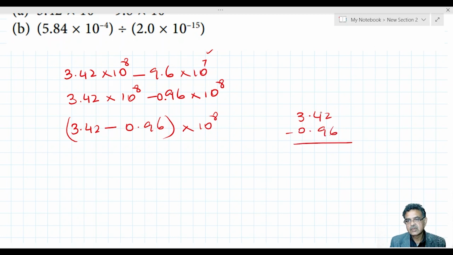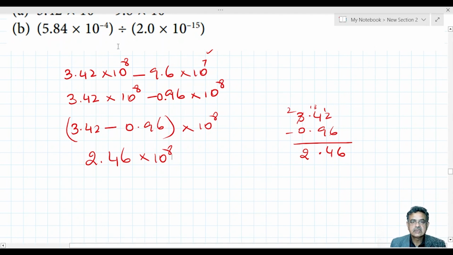So 1 will be carried from here: 12 minus 6, 6. Now this is 3. 1 will be carried from here and it will become 13. 13 minus 9, 4, 2. So 2.46. 2.46 multiplied by 10 to the power 8.